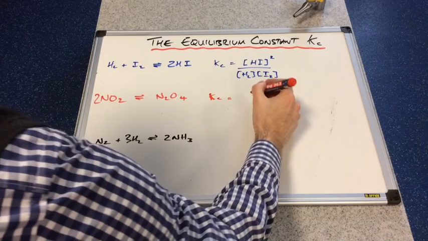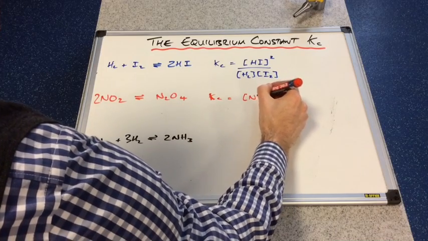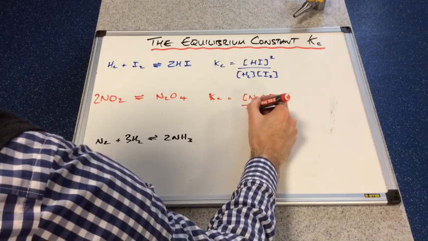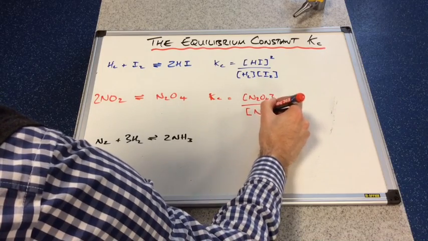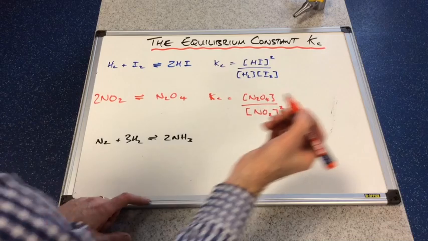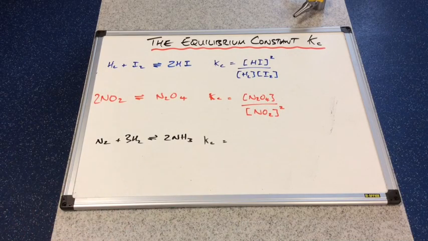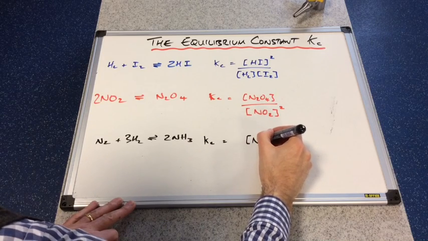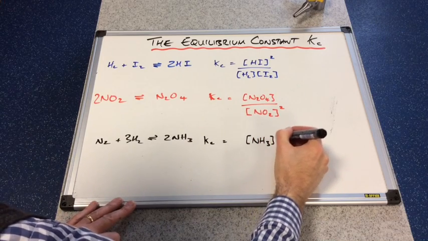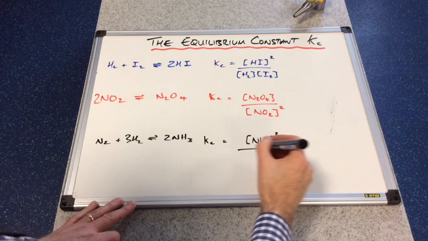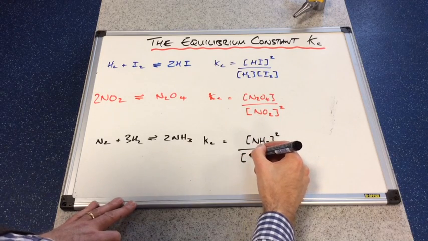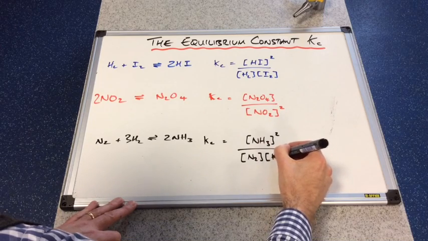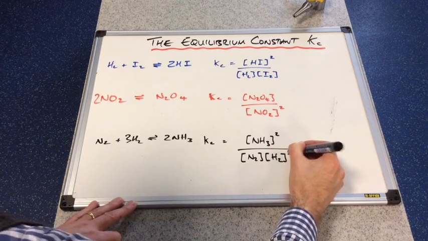So the next one is obviously the equilibrium concentration of N2O4 to the power 1 all over the equilibrium concentration of NO2 squared. And the last one, Kc, would be the equilibrium concentration of NH3, that's ammonia, raised to the power 2 all over the equilibrium concentration of N2 power 1 multiplied by H2 to the power 3.